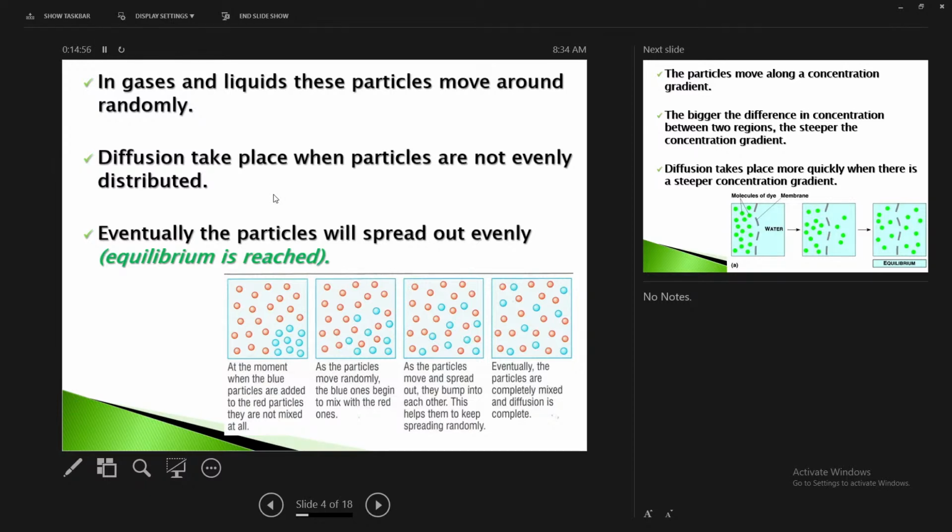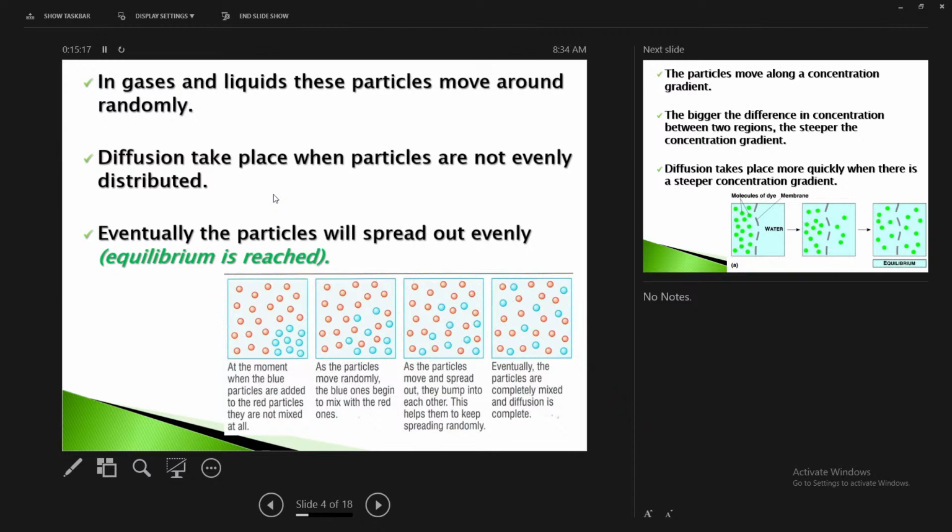Now down at the bottom of this slide we have some boxes there, and we're going to focus on them. We're going to start with the one at the extreme left, where they are saying that at the moment when the blue particles are added to the red particles, they are not mixed at all.